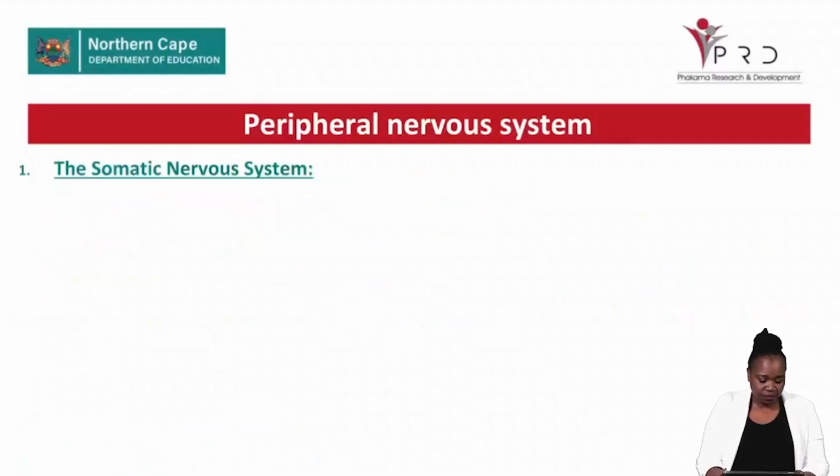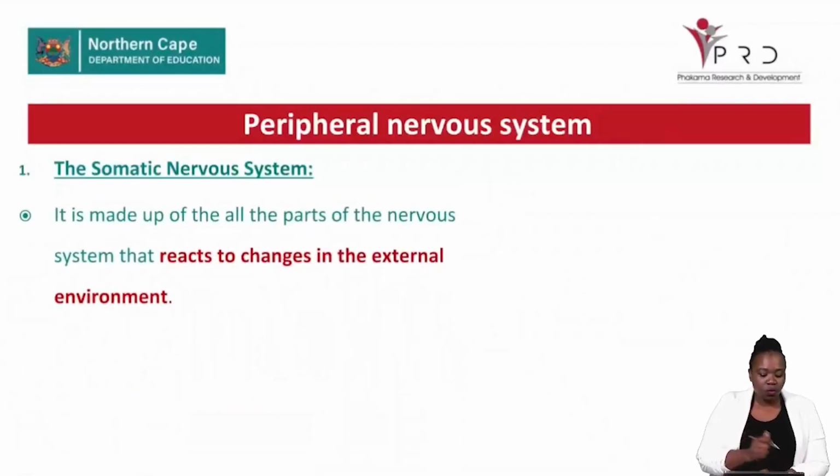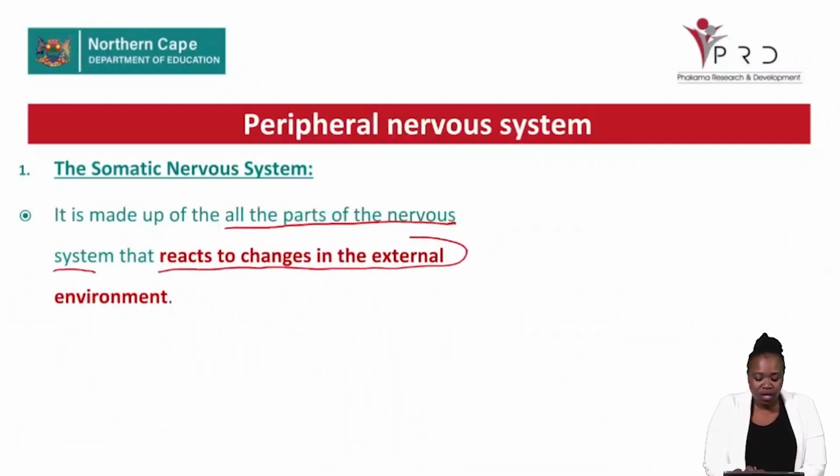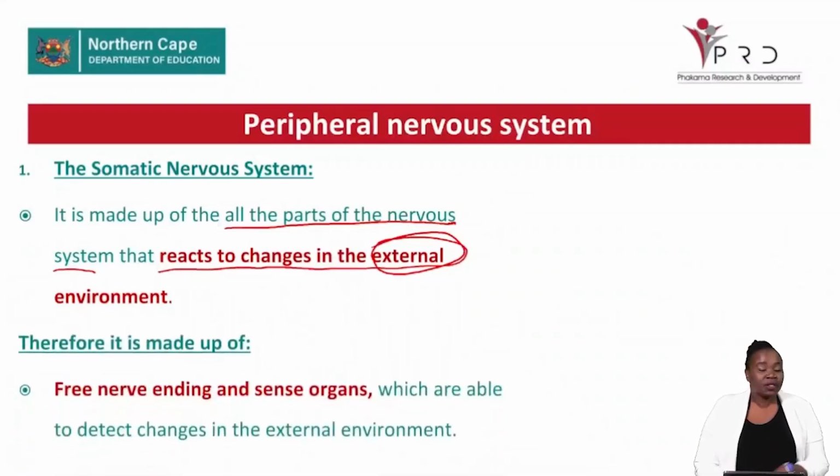autonomic nervous system. Okay, so the somatic nervous system is made up of all the parts of the nervous system that react to change in the external environment. So whenever you think somatic nervous system, think external environment. The reaction to the changes in the external environment is due to the somatic nervous system.